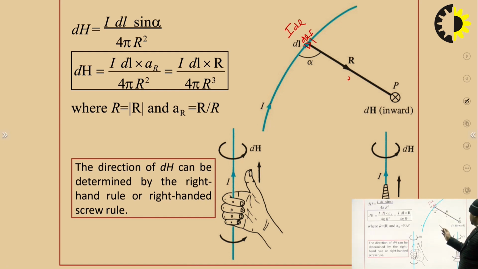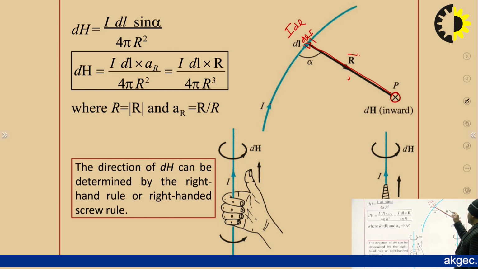We find the magnetic field intensity at a point P, where the vector R joins the conductor to the point P, and the angle between them is alpha.